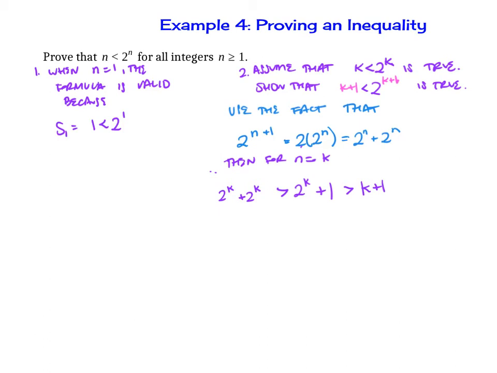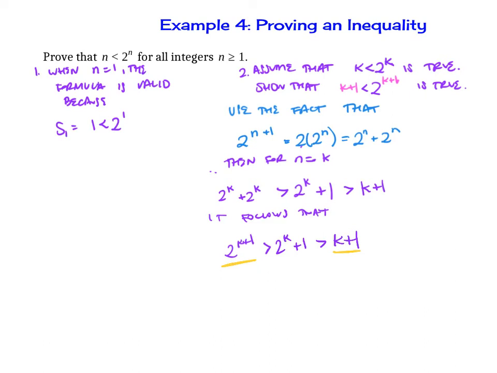So because of that, it follows that 2 to the k plus 2 to the k, I'm going to take this and substitute 2 to the k plus 1 instead. So that is greater than 2 to the k plus 1, which is greater than k plus 1. Now if that's true, then k plus 1 has to be less than this, right?